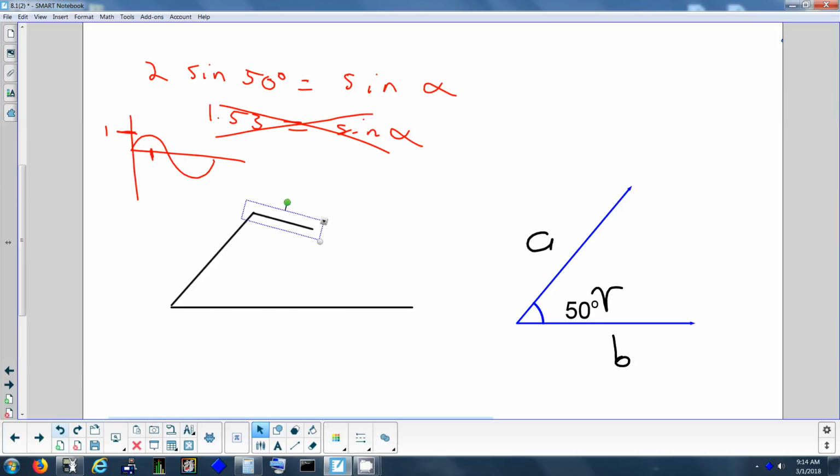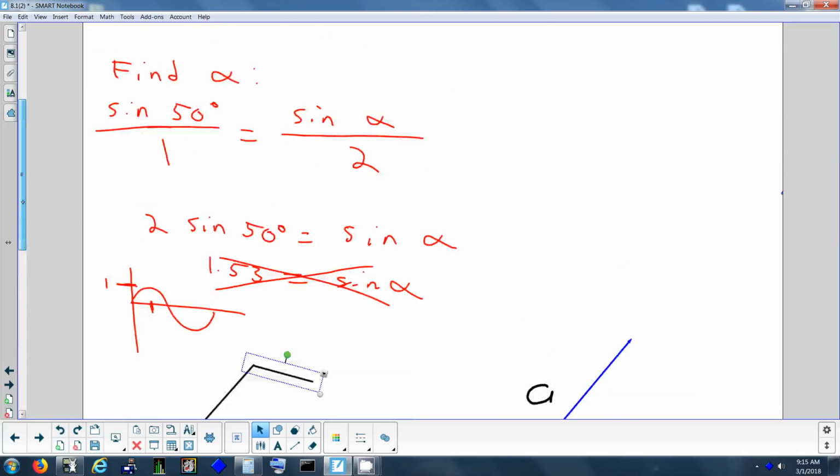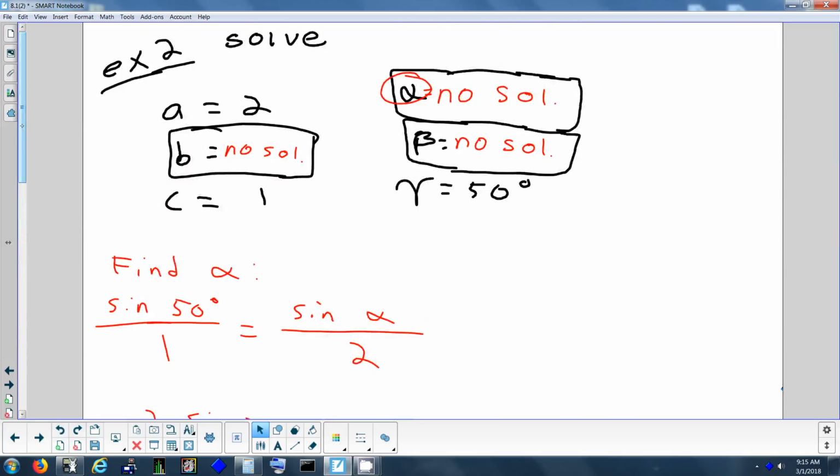But my question would be, what would be the shortest you could make it and have it reach? If you think about that, you can figure it out. But for now, that's not really what we're going to look at. Okay. So any questions on why that's a no solution?